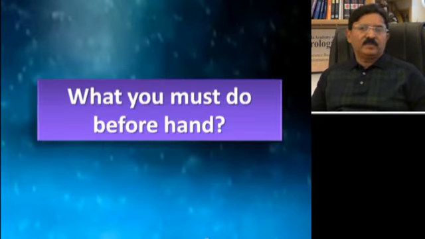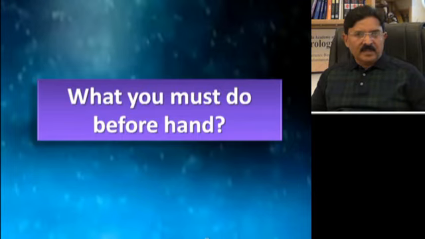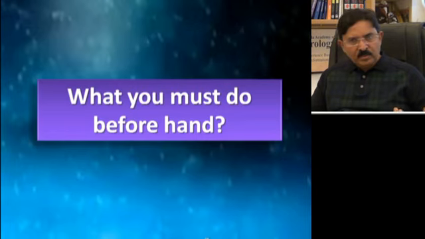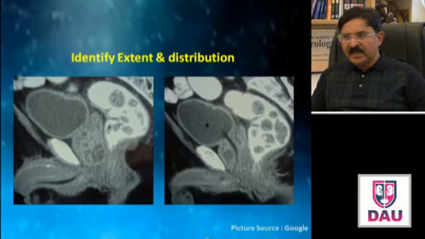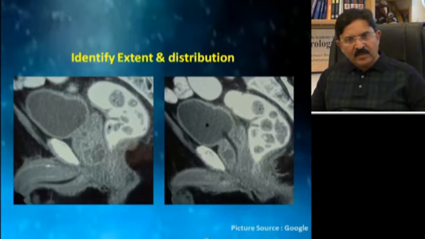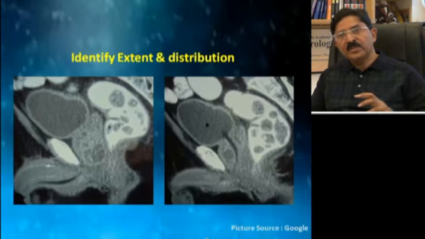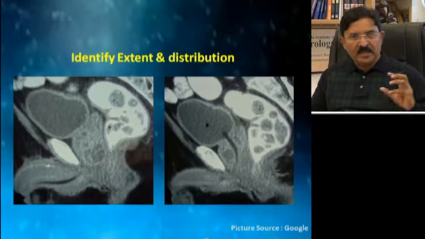Now before you start thinking of or doing a transurethral resection in this patient, you need to do something special here, and that is, first of all, you have to identify the extent and the distribution of various abscess pockets in the prostate gland by a CT scan.